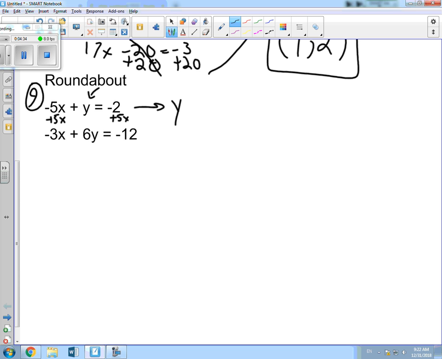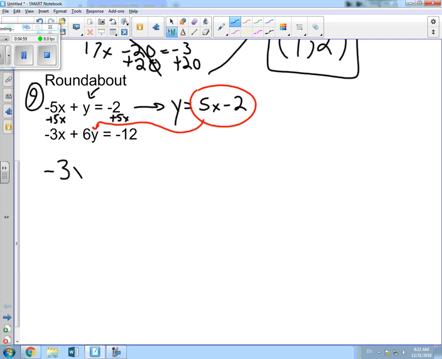So I would get y equals 5x minus 2. The reason I do that is so y is by itself, and now I can do a clean substitution. So like before, since I know this is y, I'm going to put this where the y is in the other equation, which is here. I'm going to substitute this position.